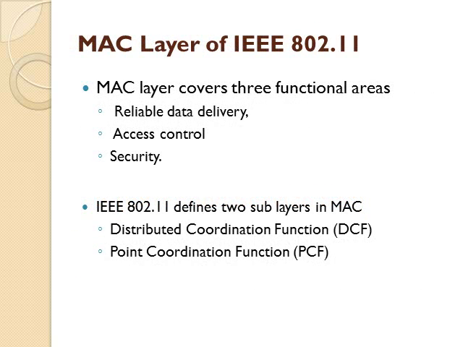So this is similar to the concept of cellular communication. Then the MAC layer of this IEEE standard for wireless communication: the MAC layer covers three functional areas of IEEE 802.11. It focuses on reliable data delivery, access control and security.